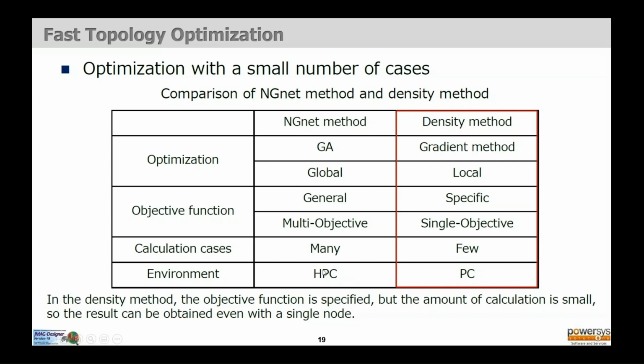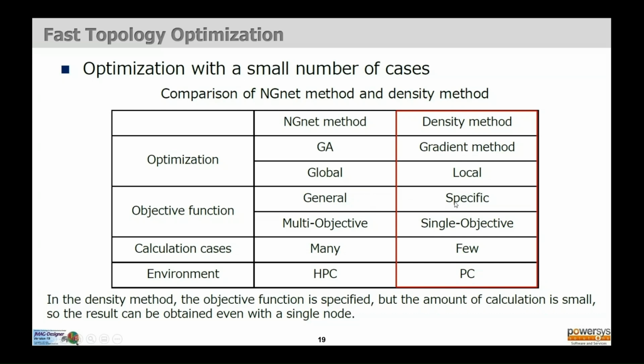So it takes a long time, but with this method you will run in a few minutes. You will get several cases, and you can run it on a single computer. So this is the fast method, but it's limited. Here you also cannot customize the objective function.